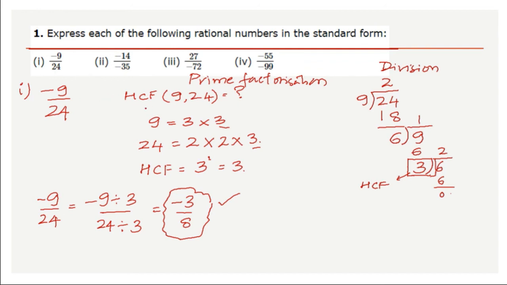Hope you have understood this method. I want you to solve the remaining 3 questions, and we shall discuss these along with a few more questions and concepts in the next session. Thank you.